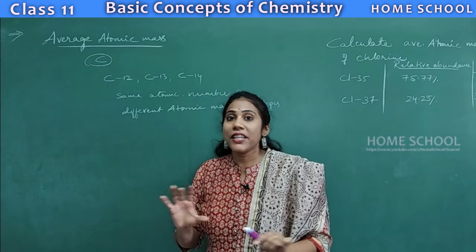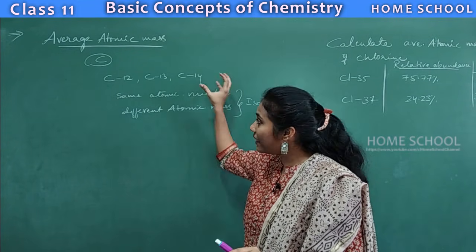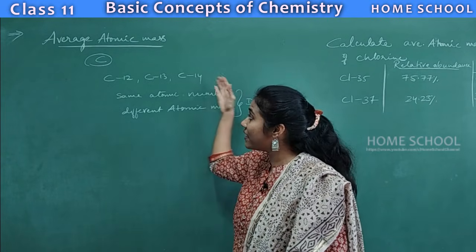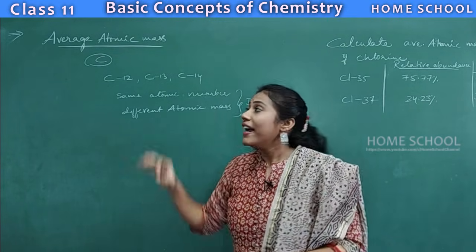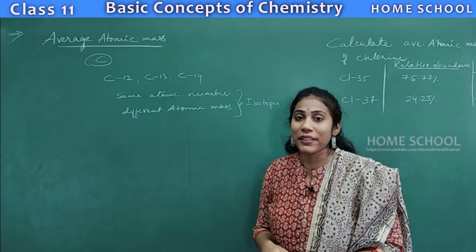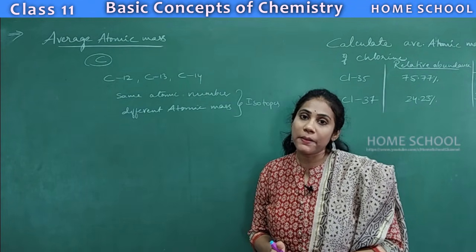Clear everybody? So here we can't select one form of an element for our calculation. We have to consider all three forms in our mind and take the average atomic mass of those elements.